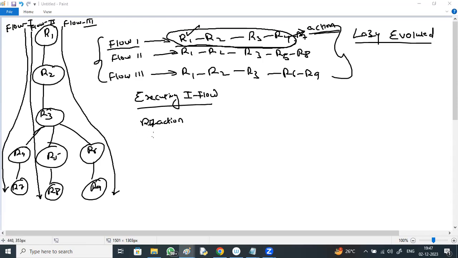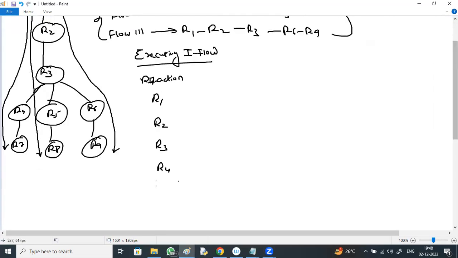If you say R7.action, then from R1 the flow starts: R1 to R2 to R3 to R4 to R7.